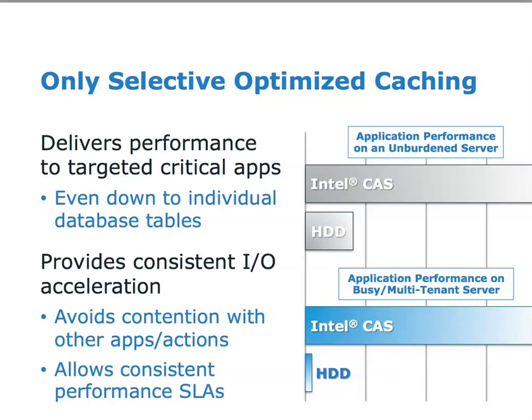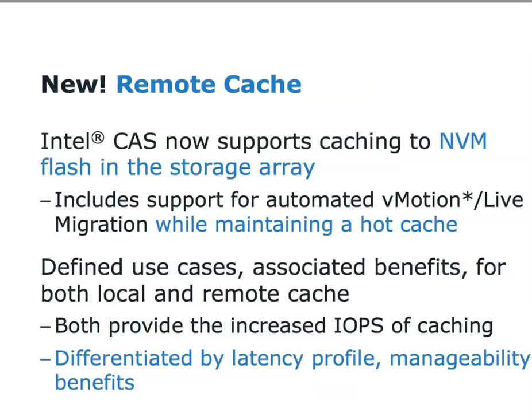And that small drop being cache misses that are now going back to an overburdened SAN. So it doesn't just provide additional performance to the application, it protects that performance gain so that you have consistent performance and response times.